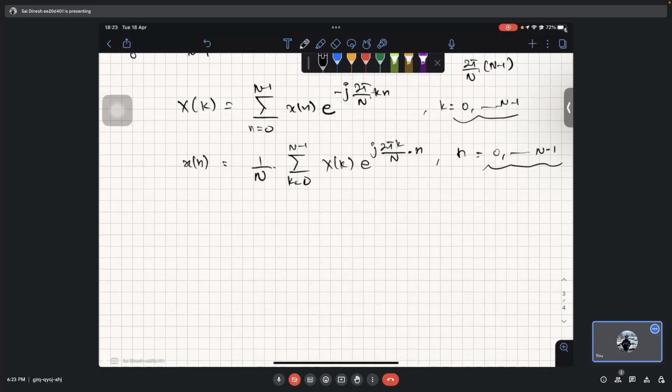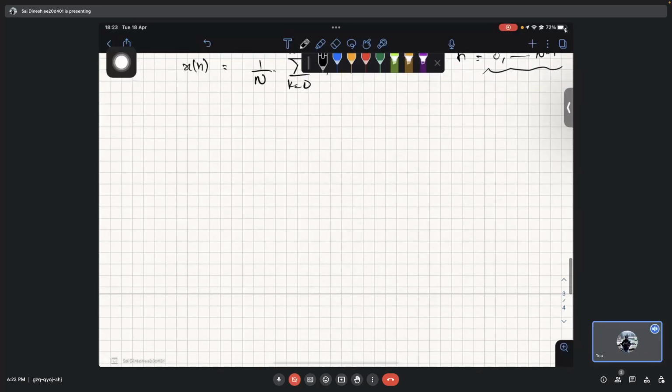Okay, so some of the properties of DFT. Let's talk about some properties. Keep writing as DFT.